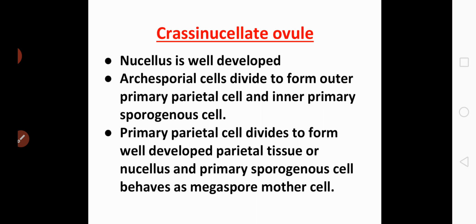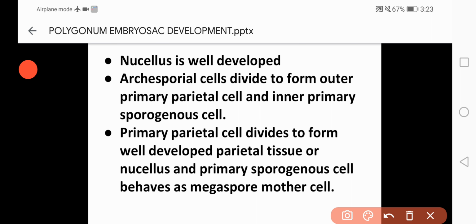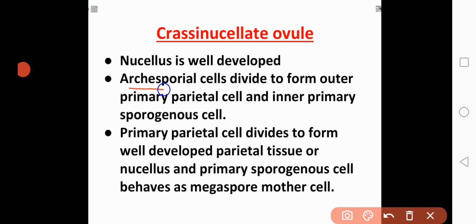Once again I will repeat, in the crassinucellate type of ovule, the archisporial cell divides to form the outer primary parietal cell and the inner primary sporogenous cell. Clear? Okay.